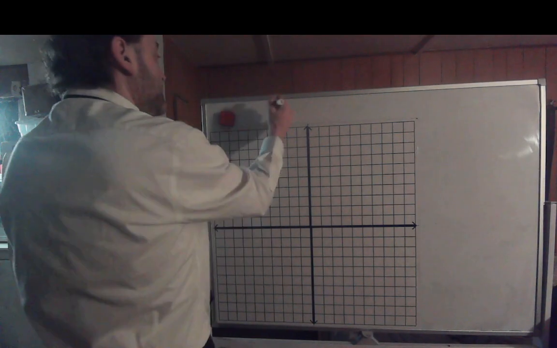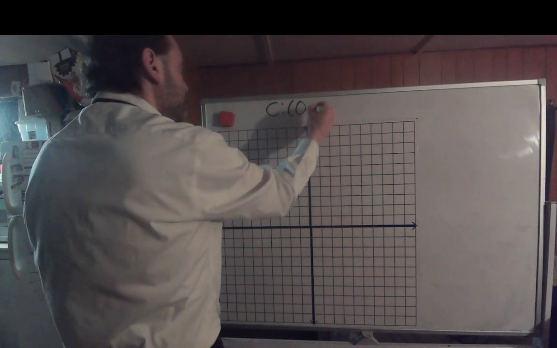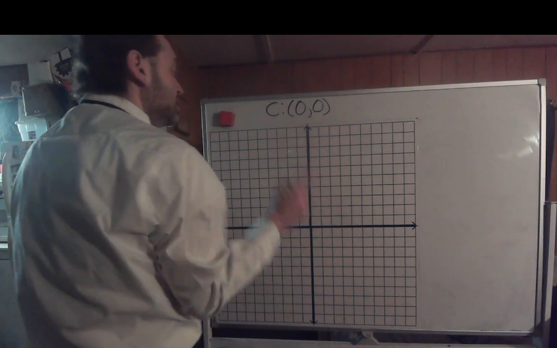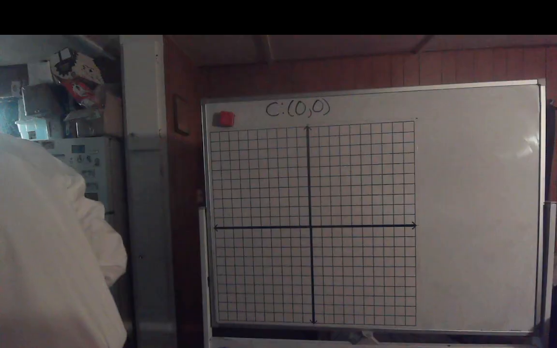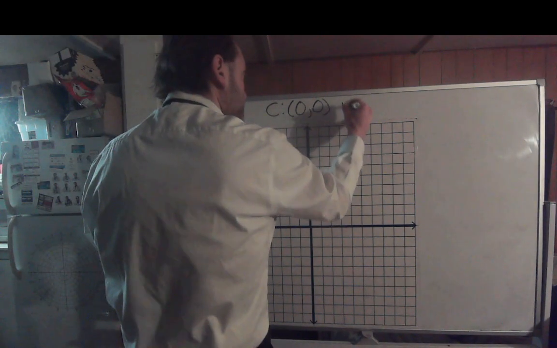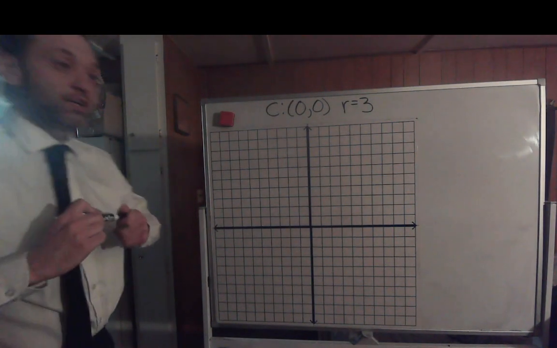Alright, so you're going to be given the center of a circle, which in this case will make it 0, 0, and the radius is 3. We need to find the equation of the circle in standard form.